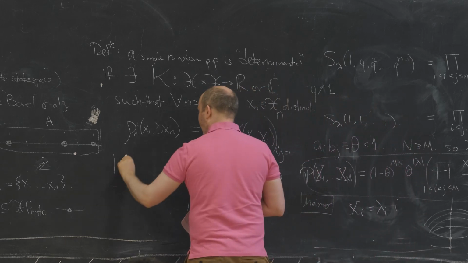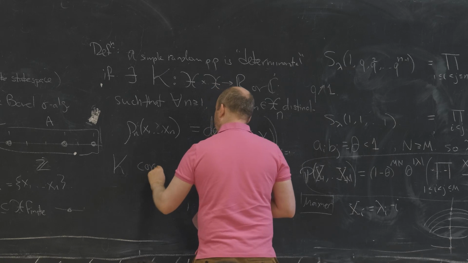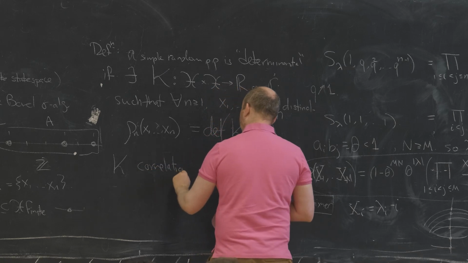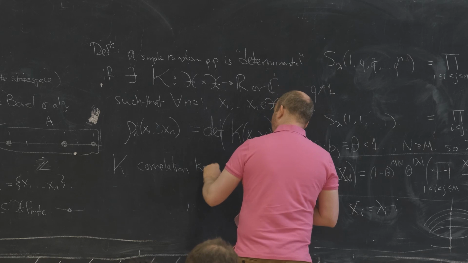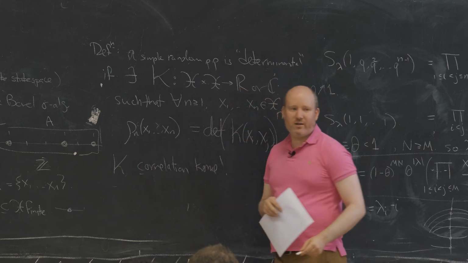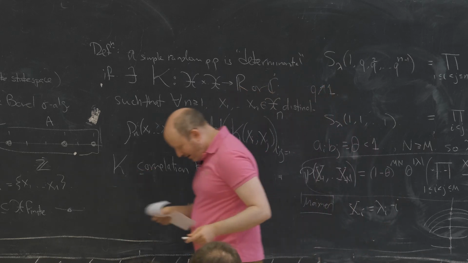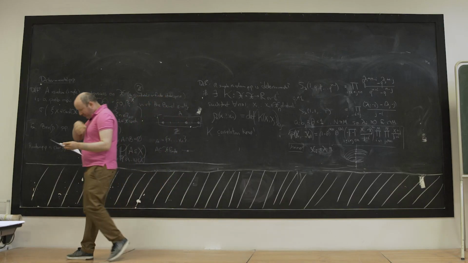In which case k is called the correlation kernel. So the k is for correlation. No, the k is for kernel.